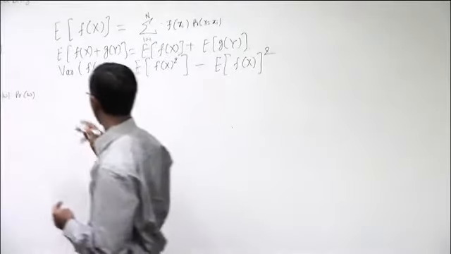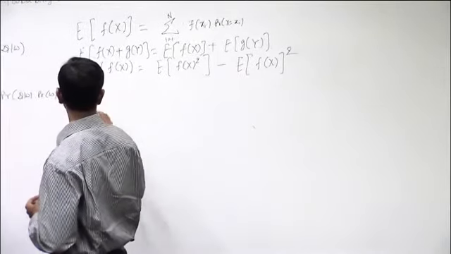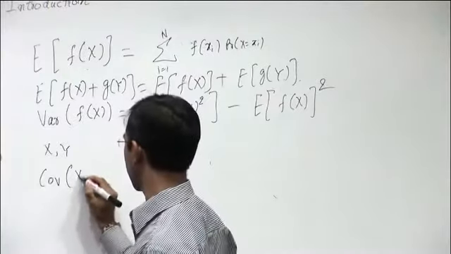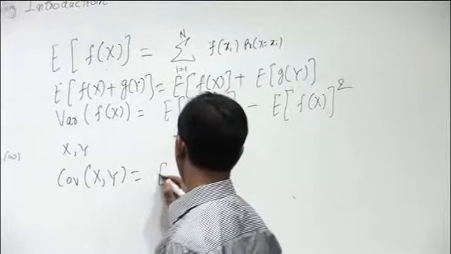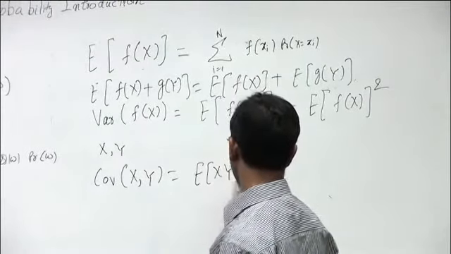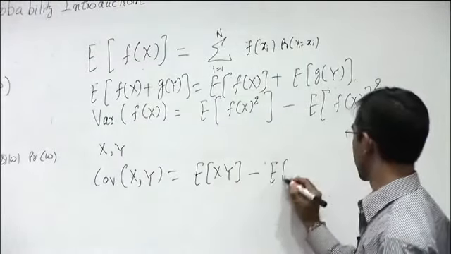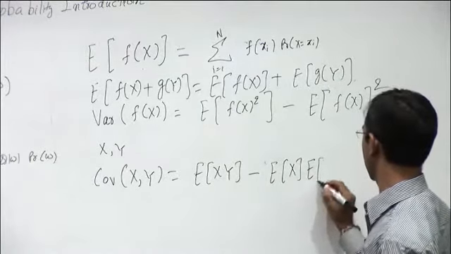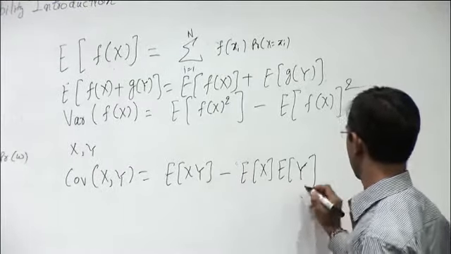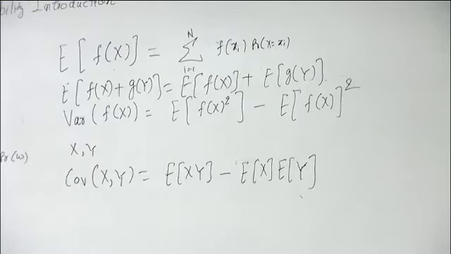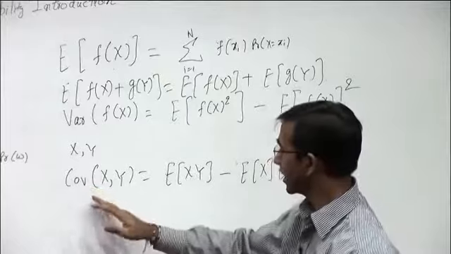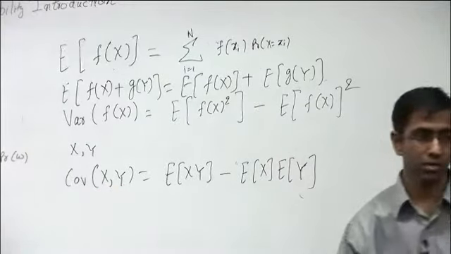And then if you have two random variables x and y, you can define the covariance between x and y as the expected value of xy minus the expected value of x times the expected value of y. Covariance essentially indicates how correlated x and y are.